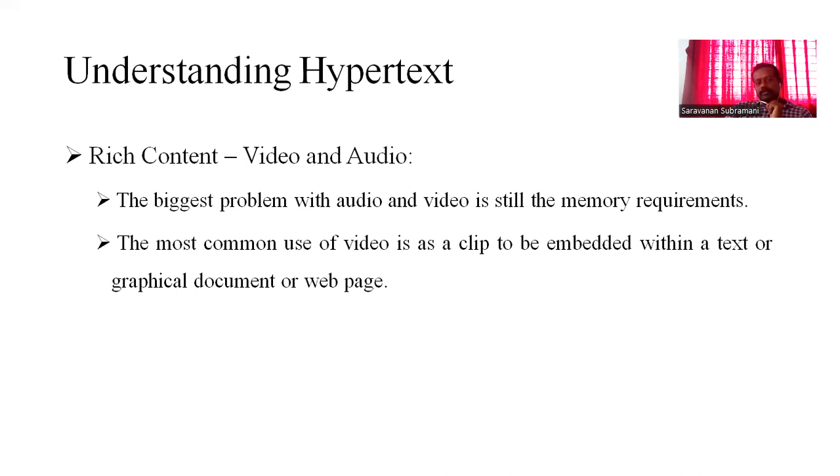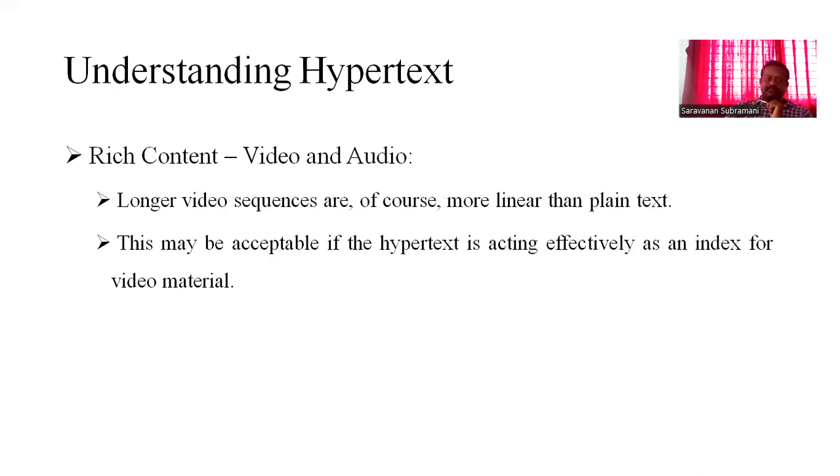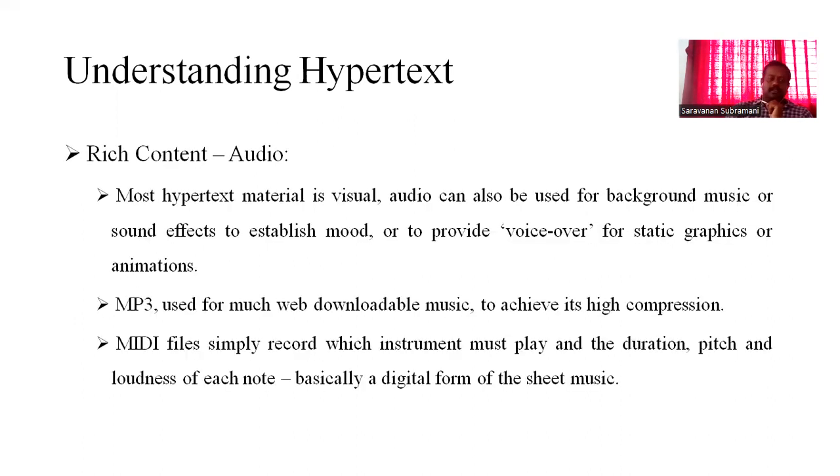So the most common use of video is as clips embedded within the text or graphical document of the web page, to reduce the storage space. Longer video sequences are of course more linear than plain text. This may be acceptable. The text of the hypertext is acting effectively as an index for the video materials.